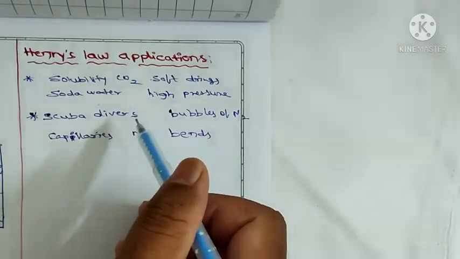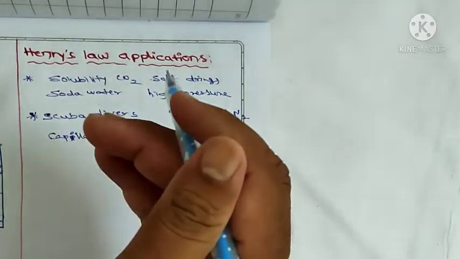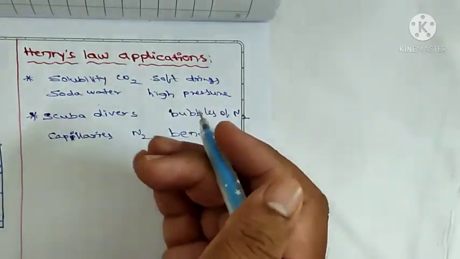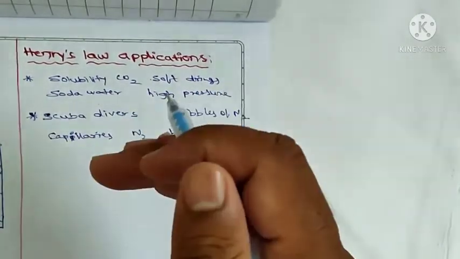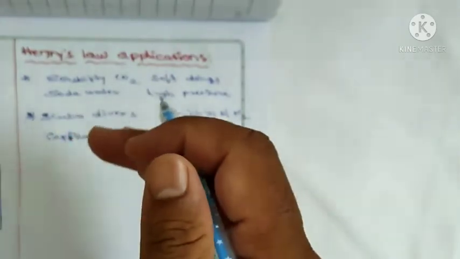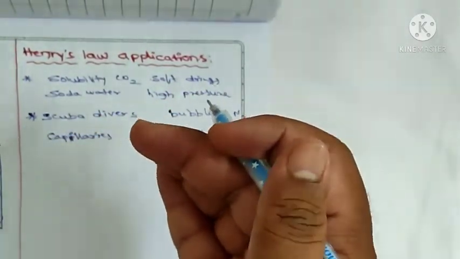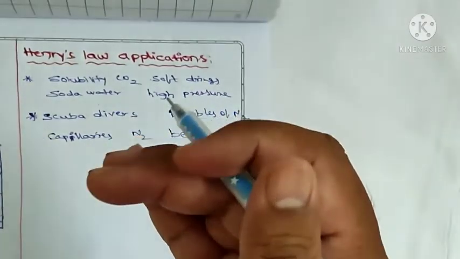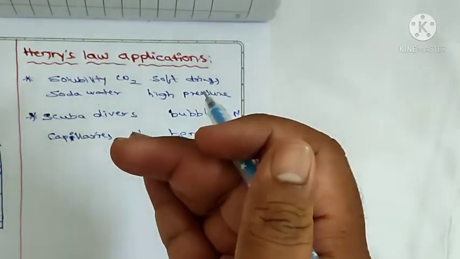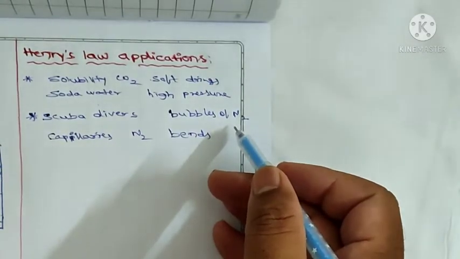So when scuba divers breathe air at high pressure under the water, the increased pressure increases the solubility of the gases in the blood. When they come towards the surface, the pressure gradually decreases, and due to that decrease in pressure, it releases the dissolved gases and leads to formation of bubbles of N2 in the blood.